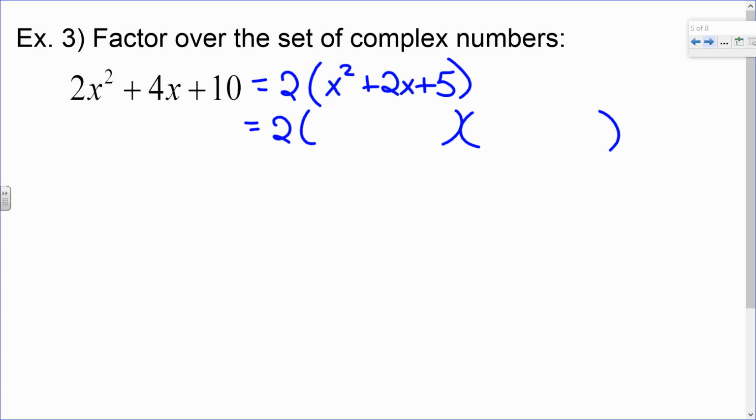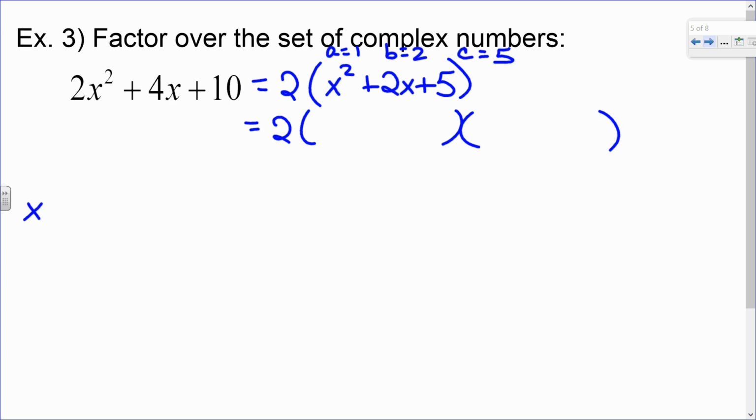So now I am using a is 1, b is 2, c is 5, because I can't think of any real factors that multiply to be 5 and add to be 2. So I'm stuck going to the quadratic formula now, even though I don't really know that this is equal to 0, I'm just factoring.